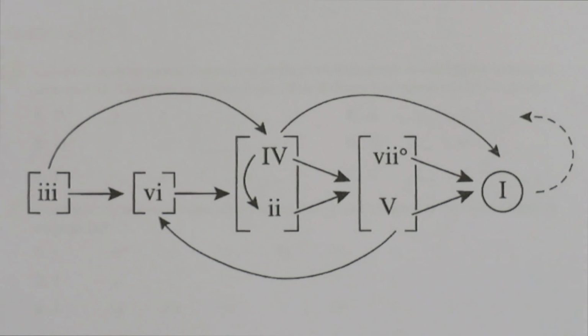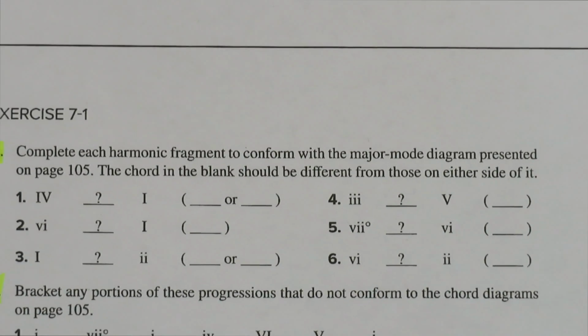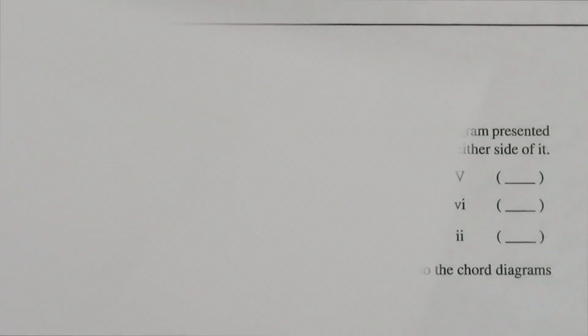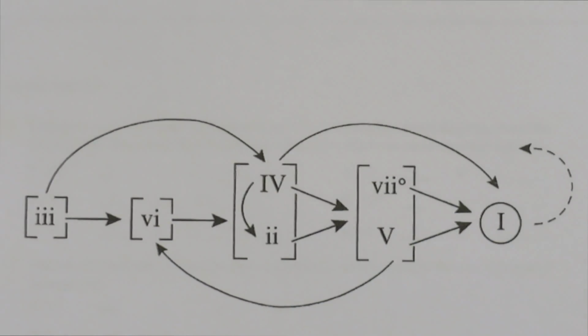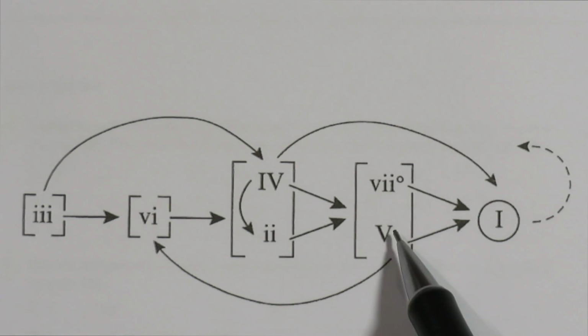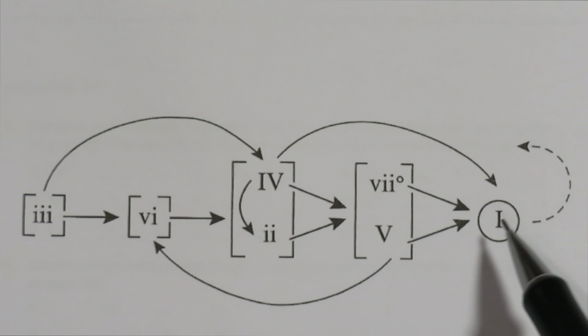So there's that. And in our first question, we had the example, 4, and what chord would go in between the 4 chord and the 1 chord? So if we look at our diagram again, there's 2 chords that would go between the 4 and the 1.